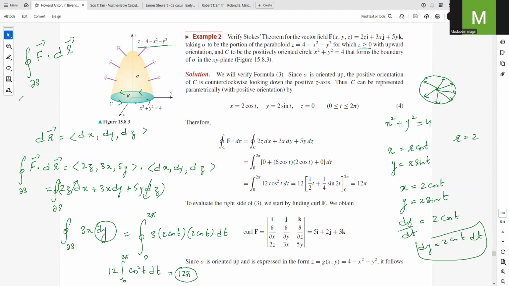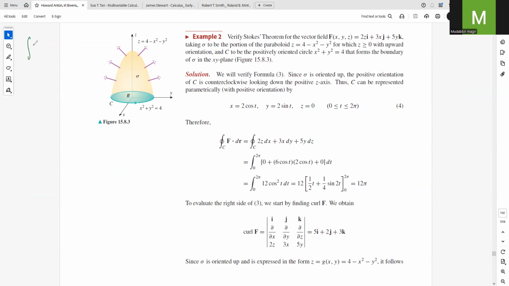And now let us start solving the right-hand side. The right-hand side says that we need to find the surface integral of the curl. Now to find the curl, we need to find the determinant with partial x, partial y, partial z, and the field 2z, 3x, 5y.